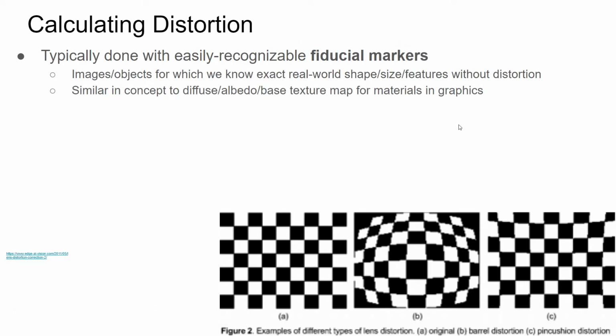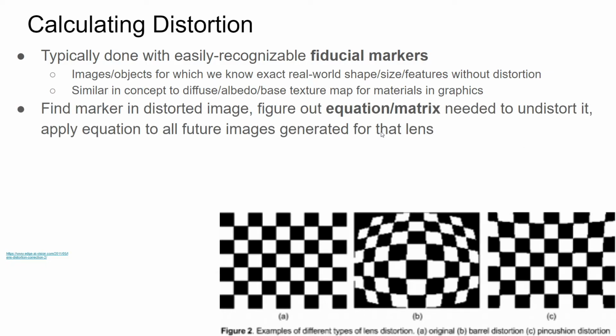This is very similar in concept to that graphics topic that we talked about way earlier in the class, where you can define a texture map for base textures or albedos or diffuse maps, which are basically the texture of the object before it has been applied to the object and before it has any effect of shadows or lighting. So that's why it's called base texture. Fiducial markers are kind of the same idea. It's just an image that is undistorted.